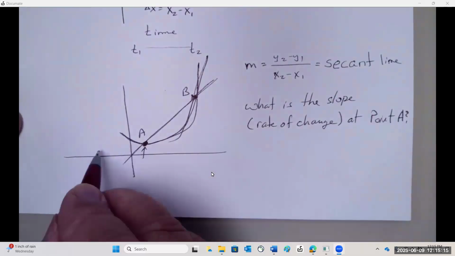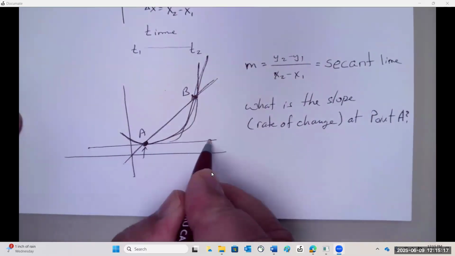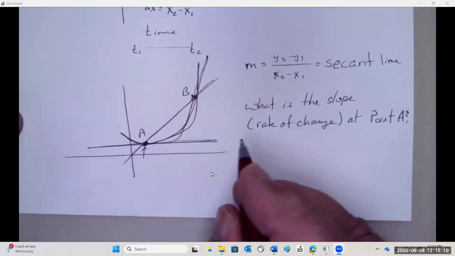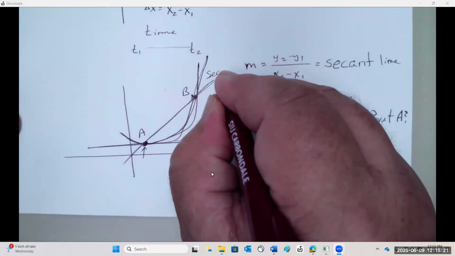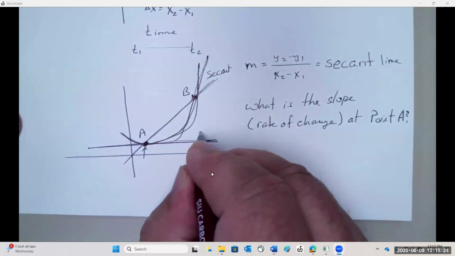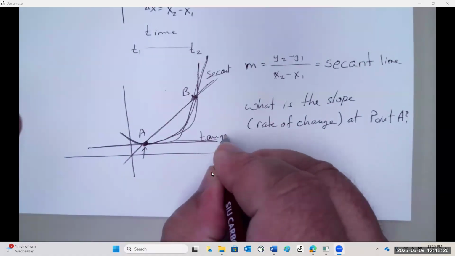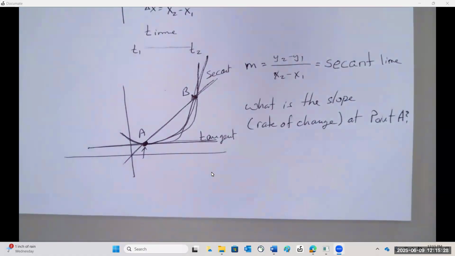So this is the secant line. What we want to know is what is the slope of the line tangent to the curve at that point?